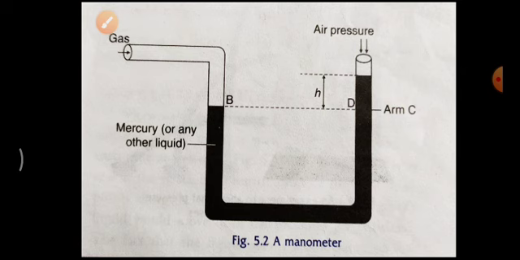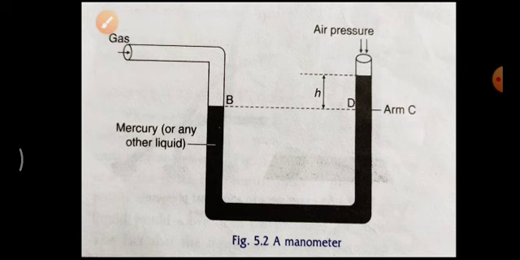So in order to measure the pressure of a gas enclosed in a vessel, one arm of the manometer is connected to the vessel and the other end is kept open to the atmosphere. You can see that the left hand side arm is connected to the vessel, and the right hand side arm, that is arm C, is kept open to the atmosphere.